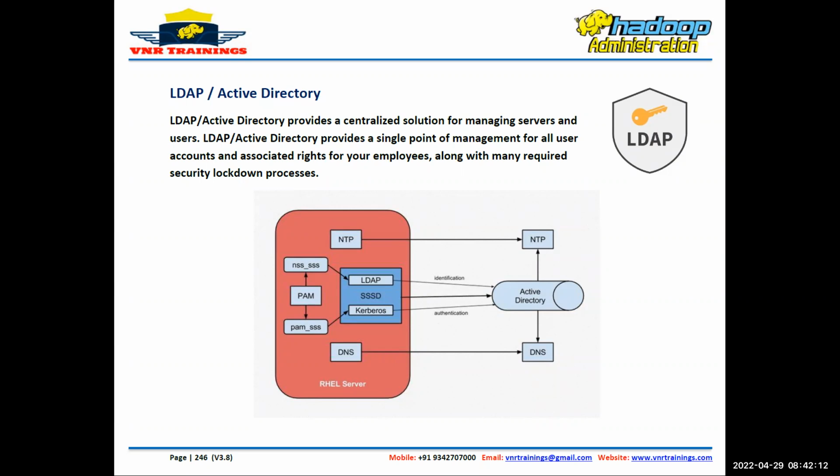These tools are very helpful to manage users and groups, a single point of management for all users and accounts and associated rights for your employees, along with many required security lockdown processes.